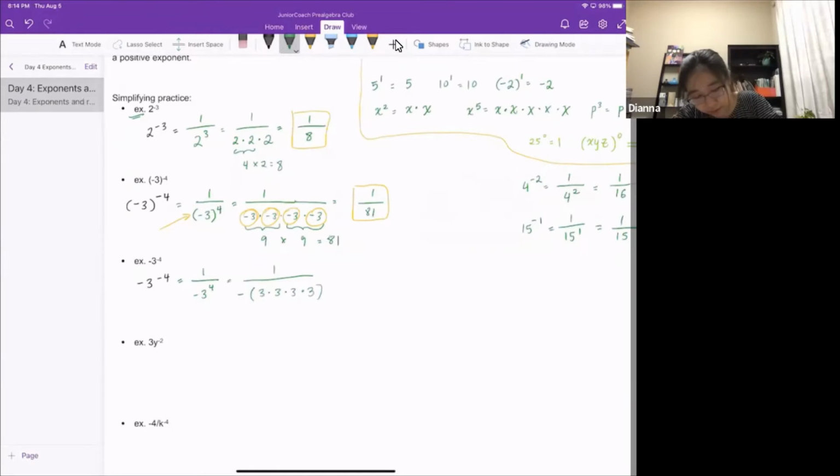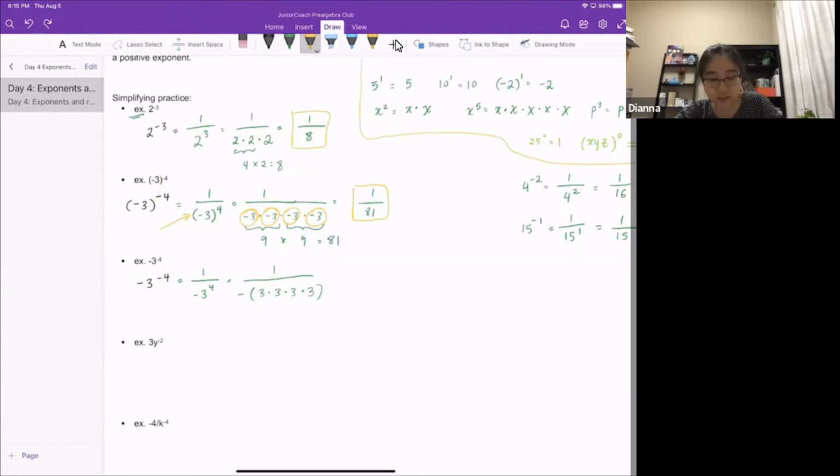Here I had 4 negatives: one here, one here, one here, and one here. But here, we just have the 1 negative, and this negative directly goes here. And inside the parentheses are all positive 3s.